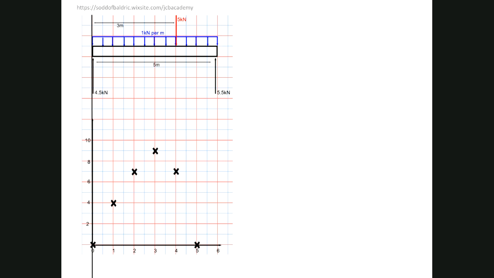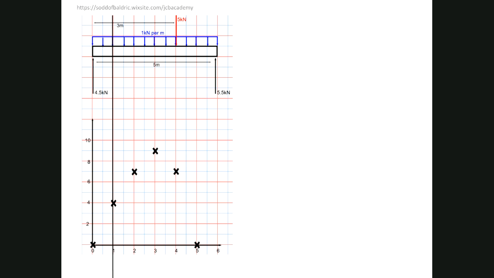So what I then do is I move a given distance along my beam. I could do 0.5 meters, but I've chosen to go in 1 meter steps because it's a nice, sensible value.